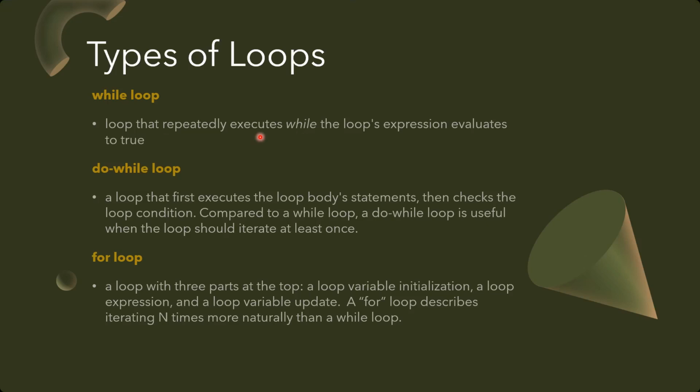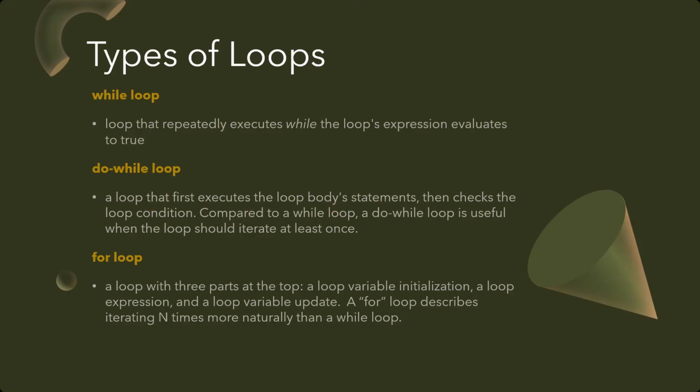It's not going to do anything. Your do while always executes the loop body statement at least once. Then it's going to evaluate to determine if it needs to run again based on the conditional statement. The for loop, that's the one that you're probably most familiar with. That's when we know how many times we are going to iterate.